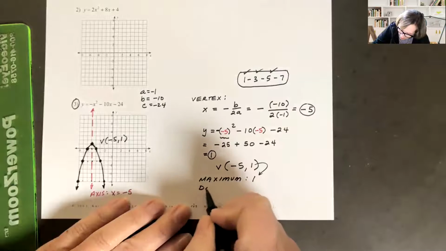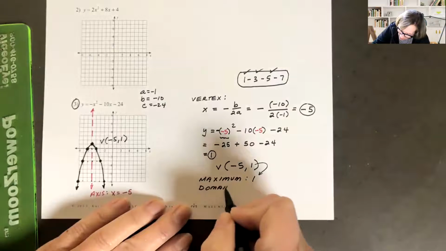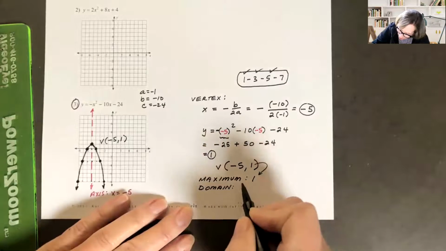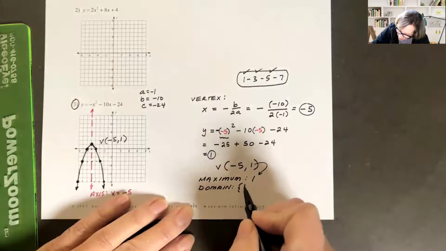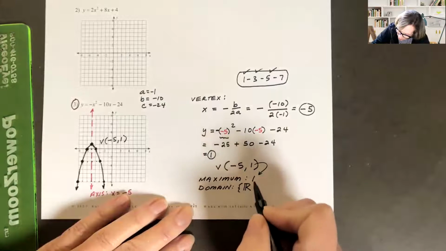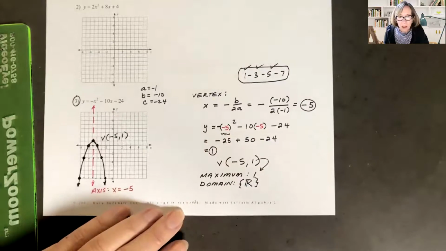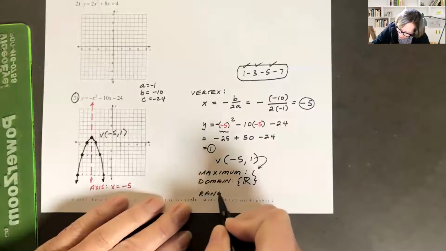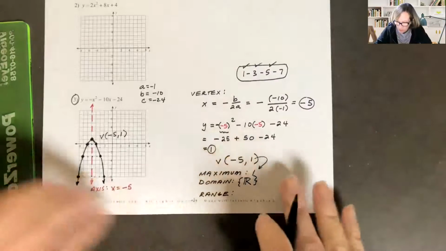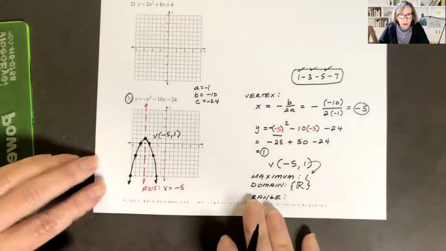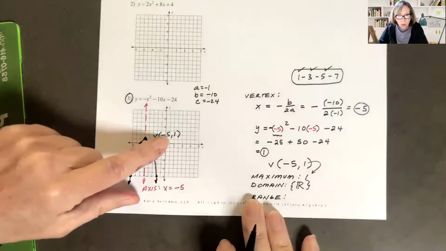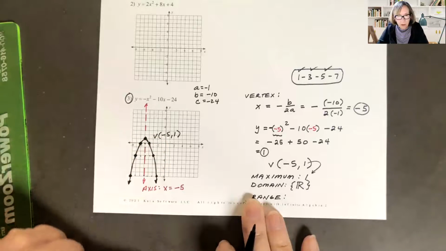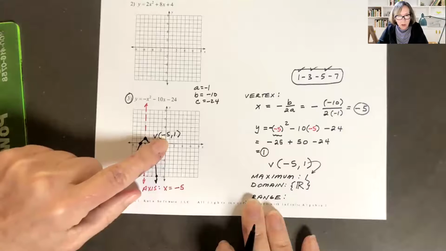Okay, the domain with parabolas of this kind is always all real numbers. So we use this symbol, which means all real numbers, meaning x can be any value. The range tells all the possible y values. Well, as we can see by looking at this graph, y goes negative forever, infinitely, but it never goes above +1.